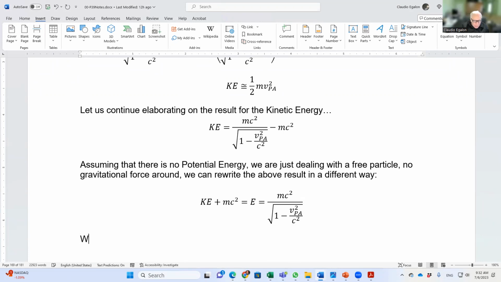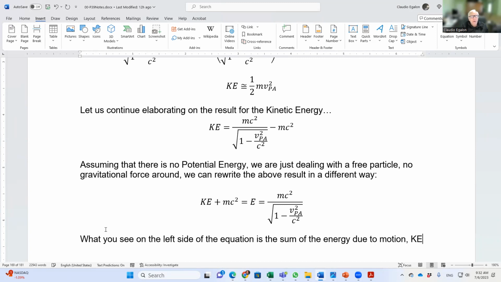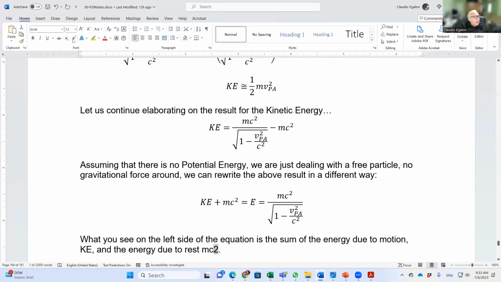What you see on the left side of the equation is the sum of the energy due to motion, the kinetic energy, and the energy due to rest, mc squared. Okay. Again, we are assuming that there is no potential energy, okay?